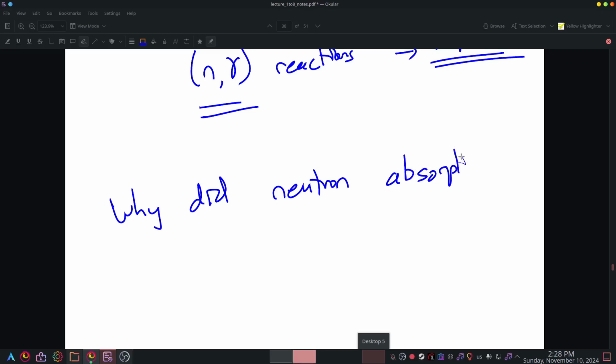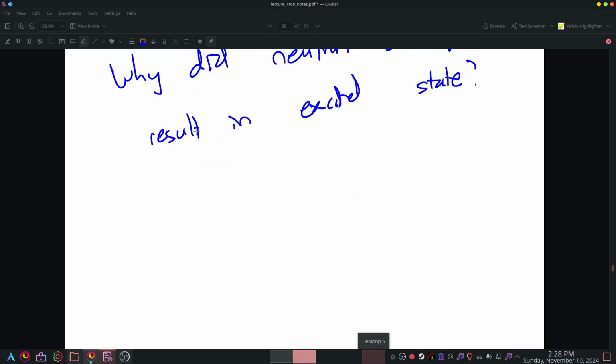Why does absorption result in an excited state? It boils down to forces.